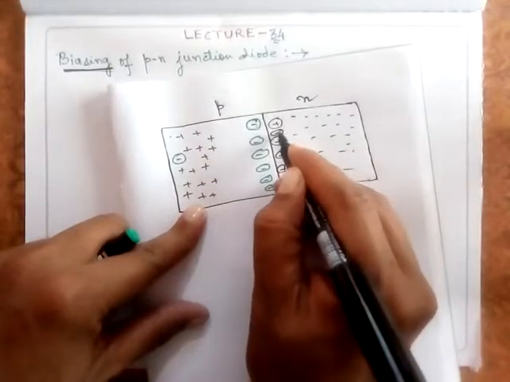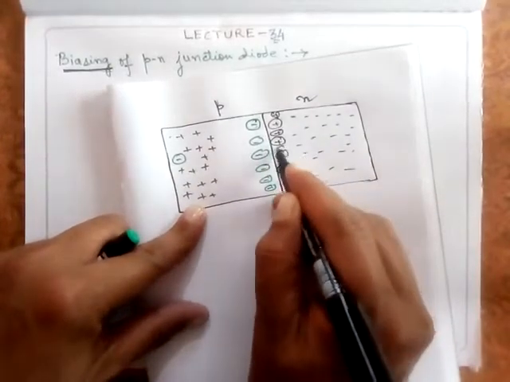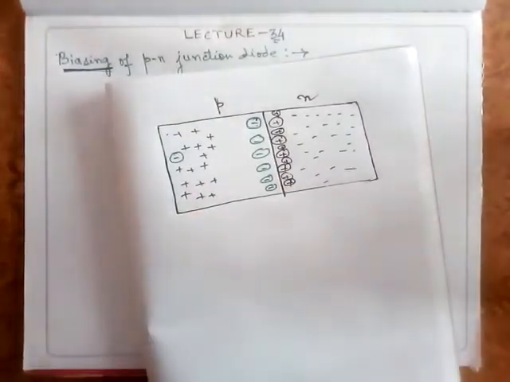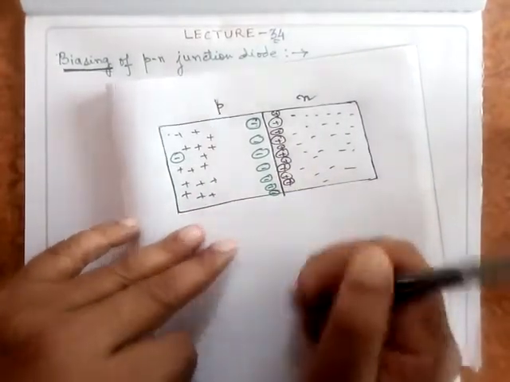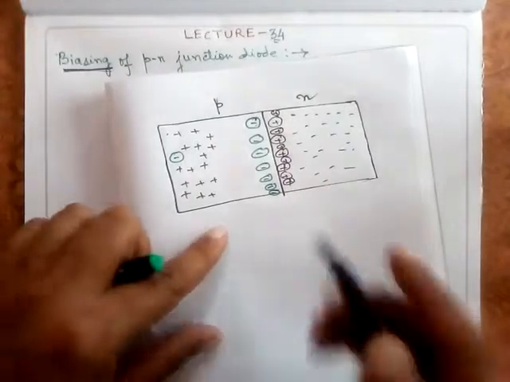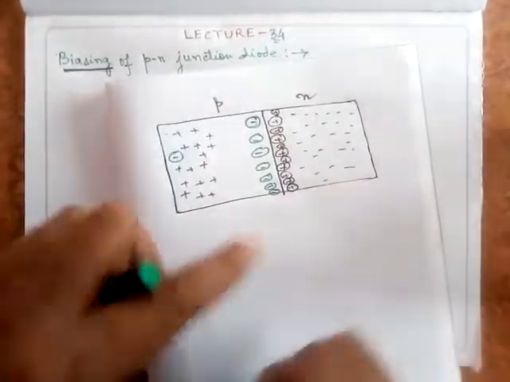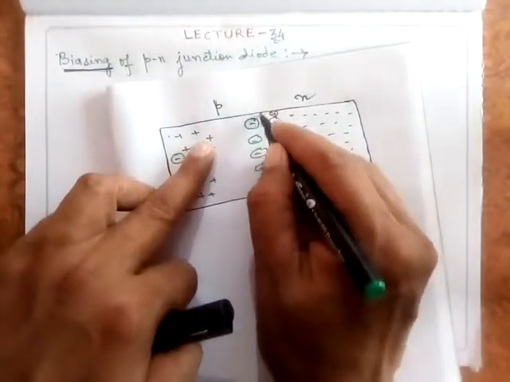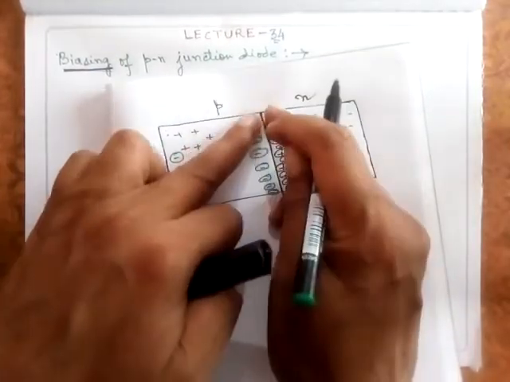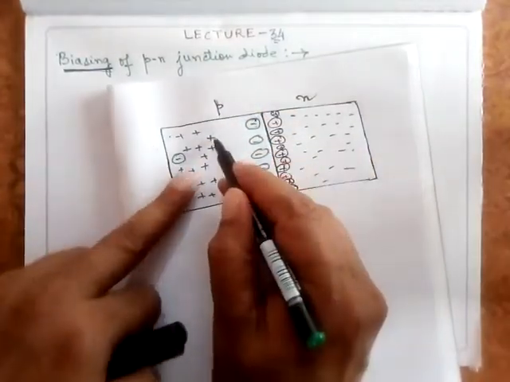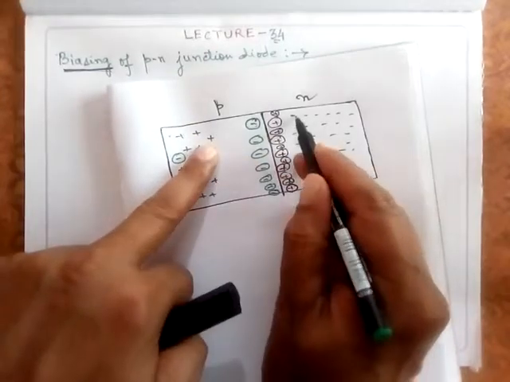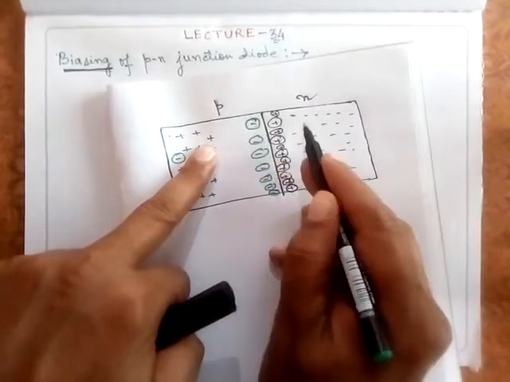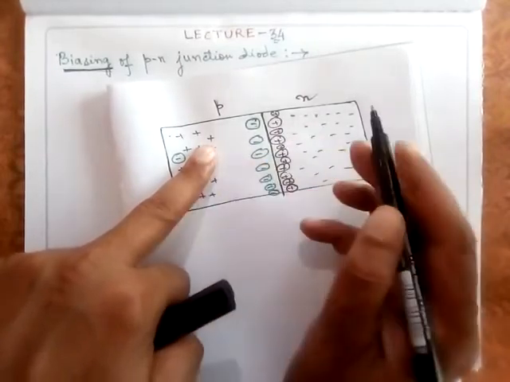These are positive donor ions here, and these are negative acceptor ions. Now these immobile ions simply act as a barrier. They are acting as a barrier for these mobile charges, the electrons or holes, to cross the junction.